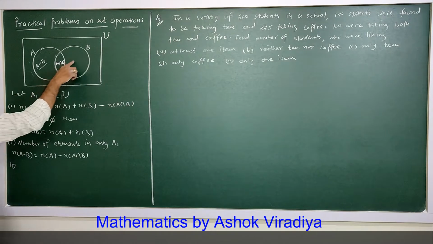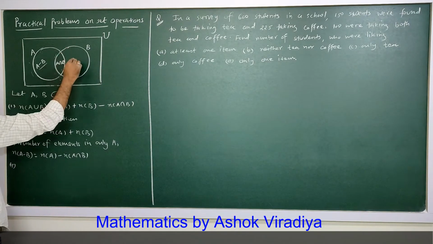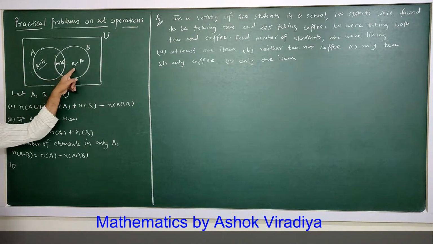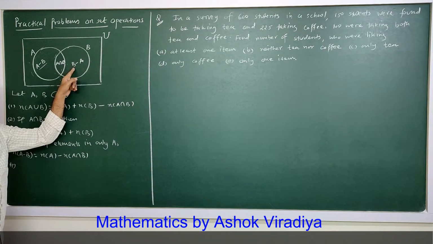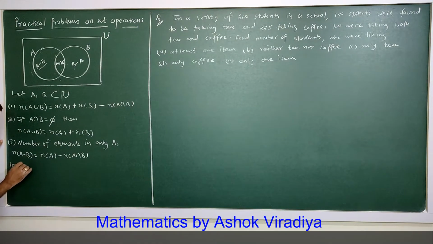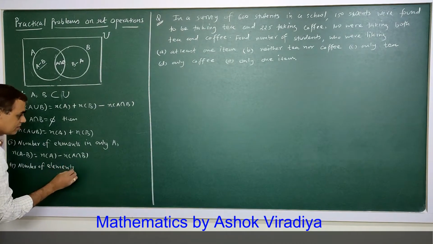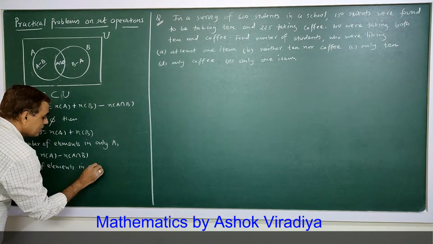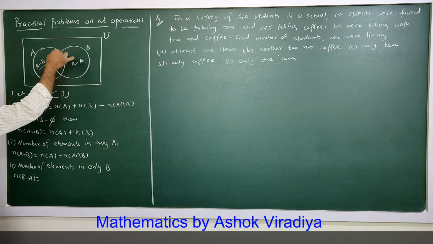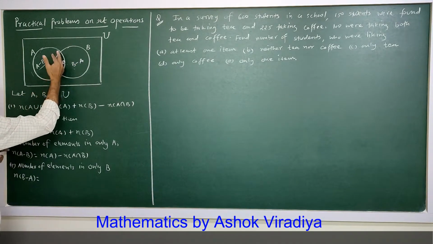Similarly, this is the region representing B minus A, means elements which are in B not in A. So in only B. So number of elements in only B, it is represented as number of elements in B minus A. That means number of elements in B minus common, remove this part.